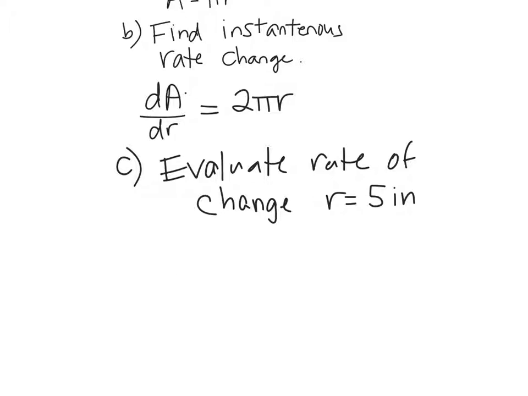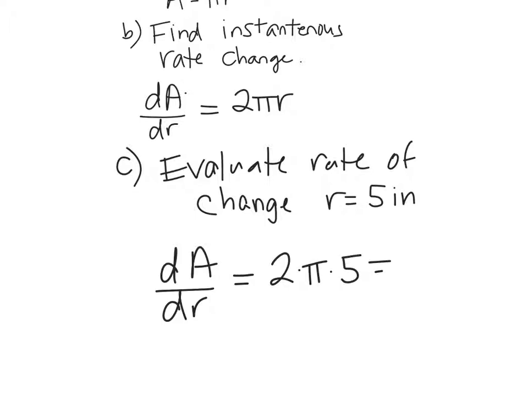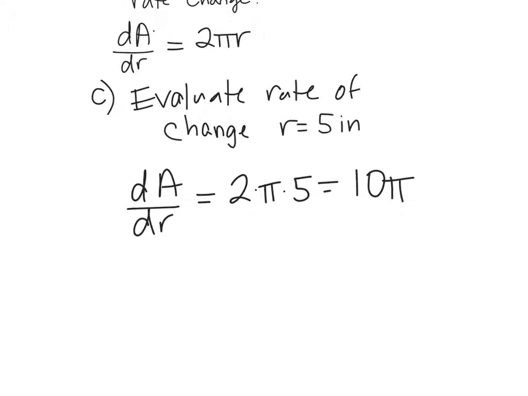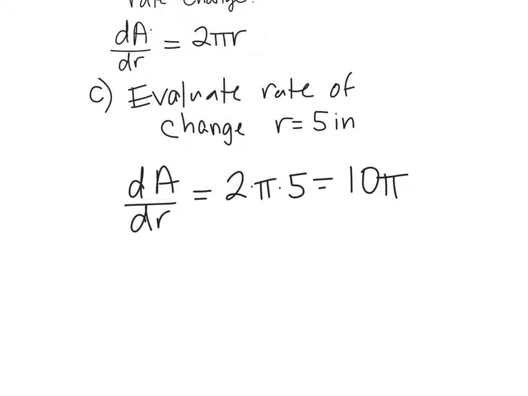So then the rate of change, dA/dr, is equal to, you just plug 5 in: 2 times pi times 5. So that would be 10 pi. And you could leave it like that, or you could multiply by pi if you wanted to. And this is the change in area over the radius. So what would that be? Inches squared per inch. Change in area over the change in radius.